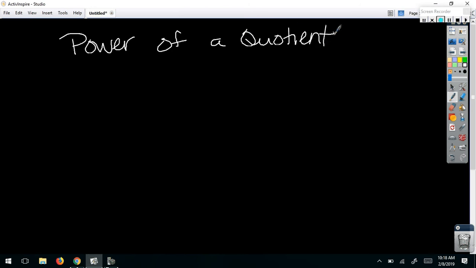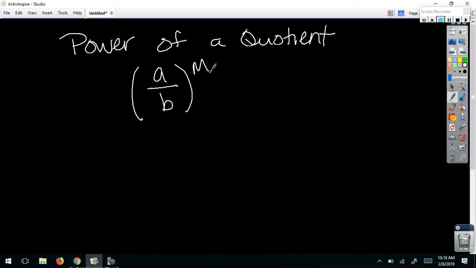The second one is called power of a quotient. What was the last one called? Quotient of a power. This one is power of a quotient. All right, so this one, quotient means divide, right? This one has something being divided and has an exponent on the outside.